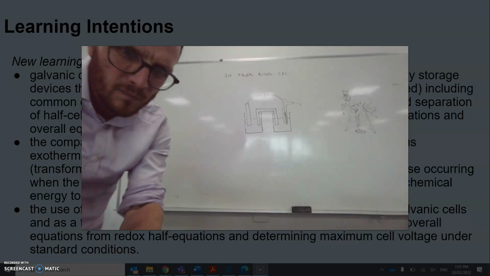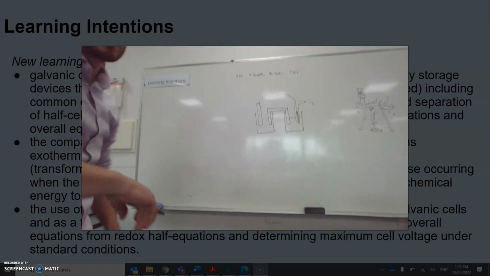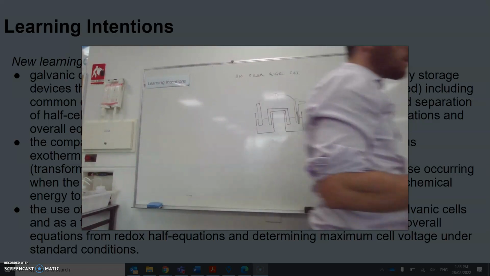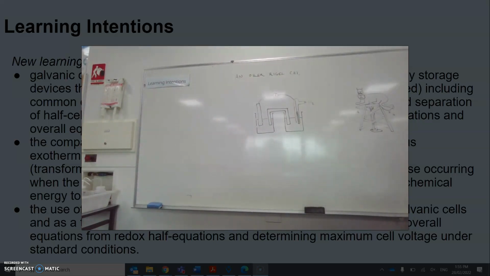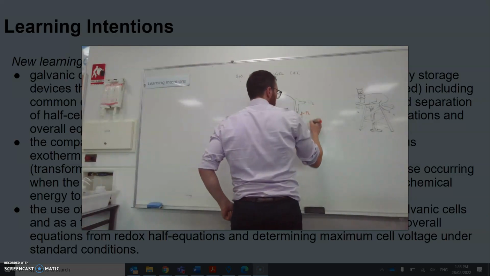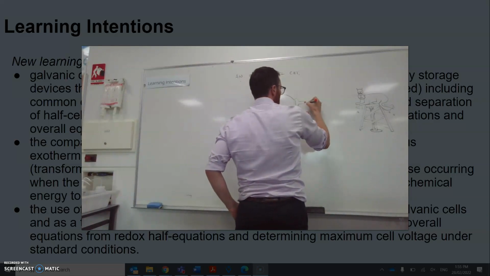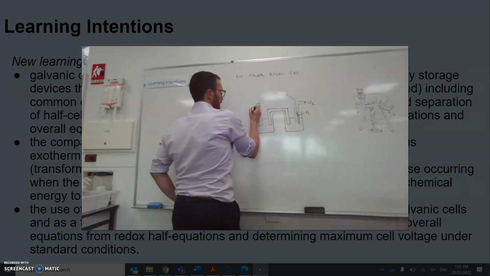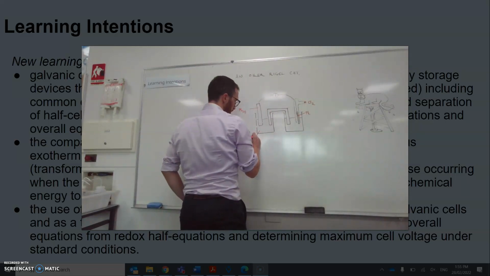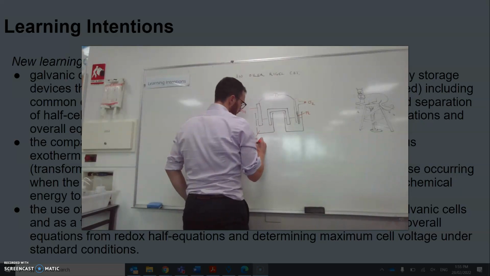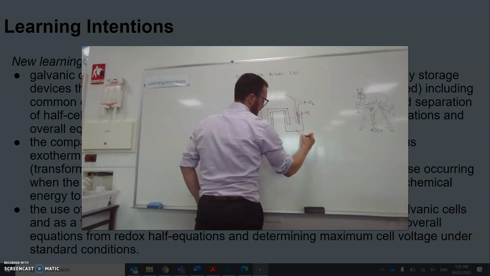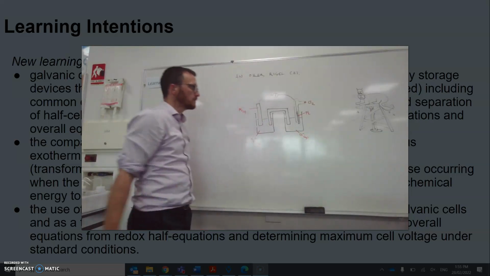Right, zooming in there. So we've got gas coming in here, chlorine gas, right? And so I'm labeling these components. This is a platinum electrode. Chlorine gas is going in here. This side had lead in a lead solution, and this would be chloride ions in solution.